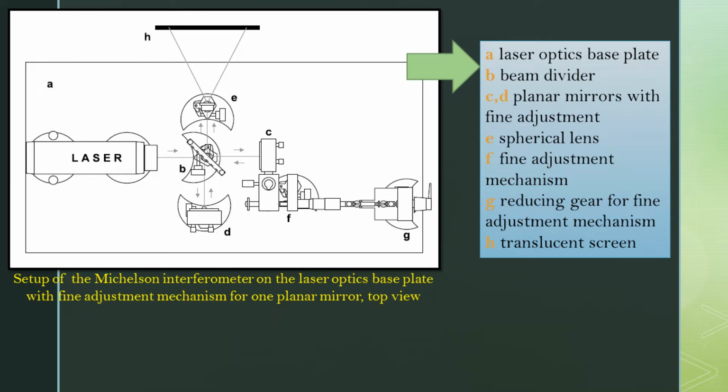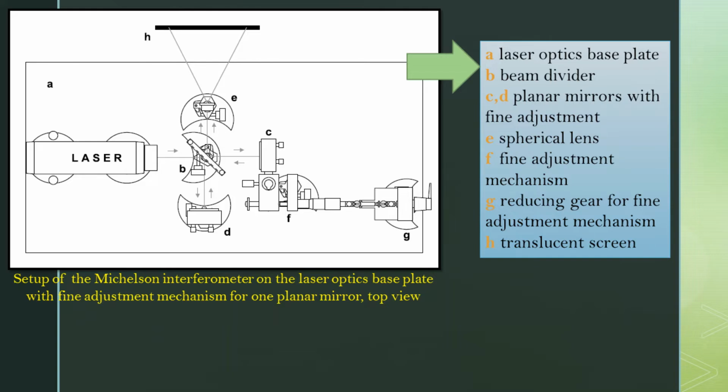So partly the light is getting reflected and partly it is getting transmitted. Okay, so this is the beam divider. One single beam is incident on the beam divider, and this beam is divided into two parts. One is partly reflected and one is partly transmitted through the divider.